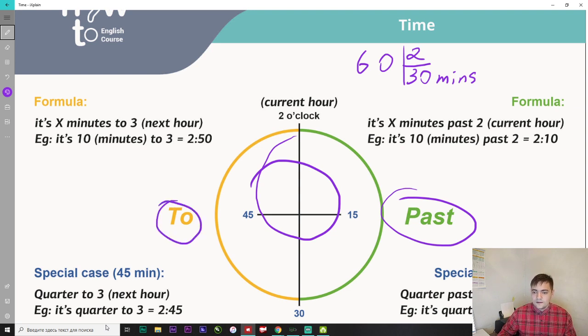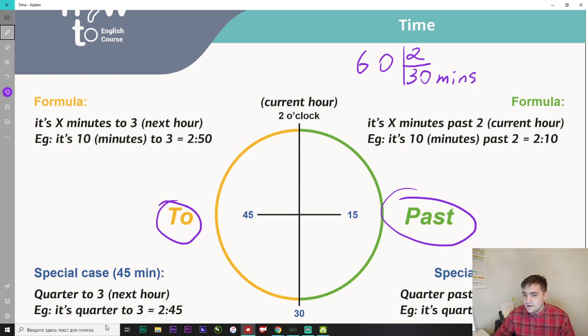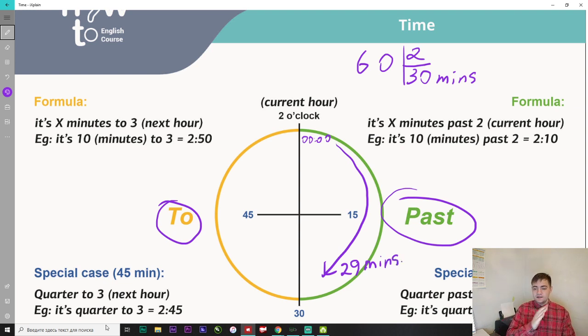Okay? So, let me specify that the first right part on my screen goes from 0 minutes till 29 minutes. Okay? From 0 minutes till 29 minutes.